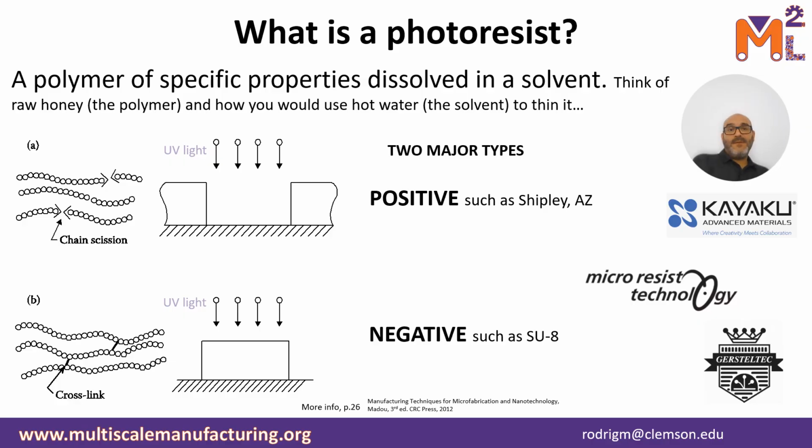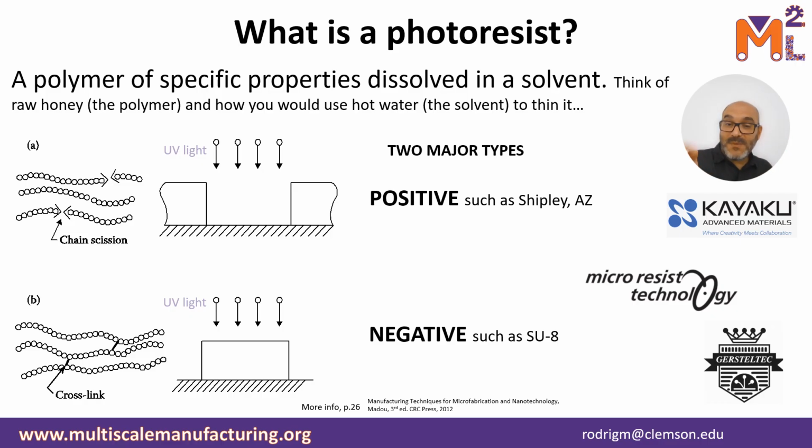So first of all, what is a photoresist? A photoresist will be a polymer of specific properties dissolved in a solvent. So think of raw honey, that will be your polymer, and how you will use hot water, that will be your solvent, in order to thin it, right? So imagine that you have the thickest honey that you can get, right? In terms of spin coating, that probably would be difficult to actually have a nice uniform layer across a substrate.